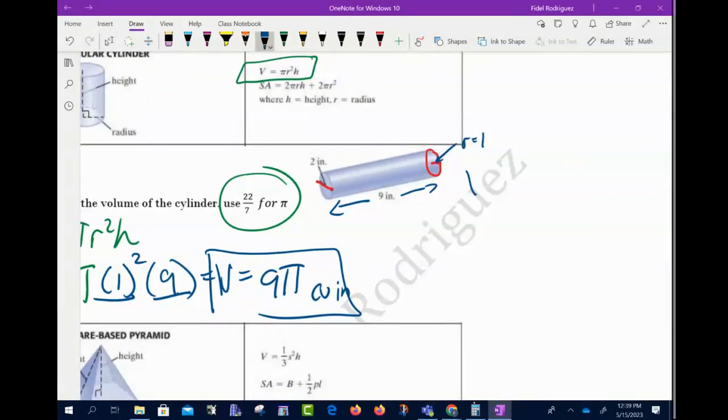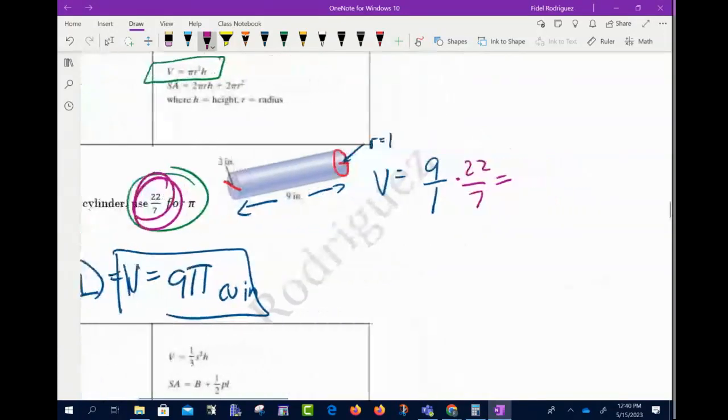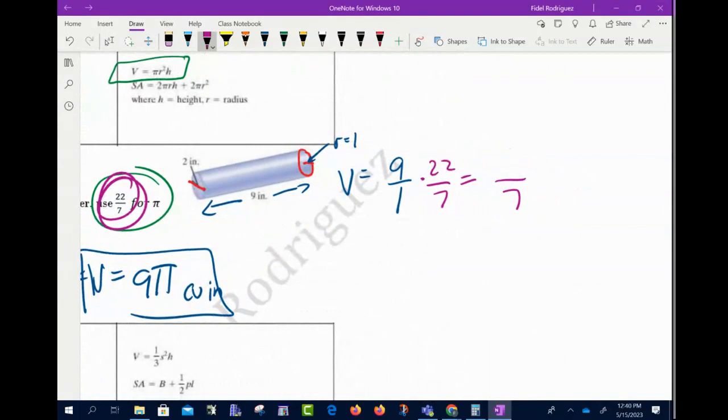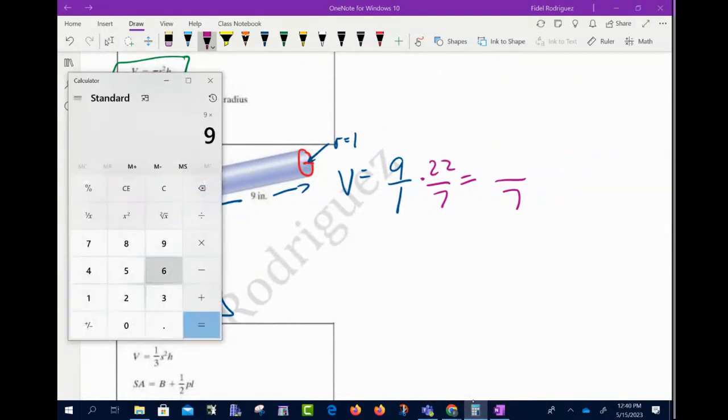Because we did this a little while ago, I'm going to write this 9 as 9 over 1. I want you to notice what they're telling me to use now. They're telling me to use 22 over 7. So I'm going to put a 7 here. What's 9 times 22? 198.